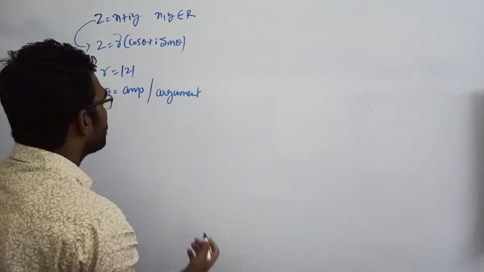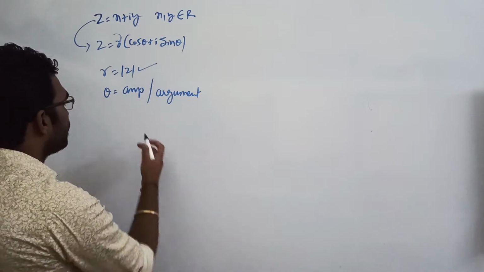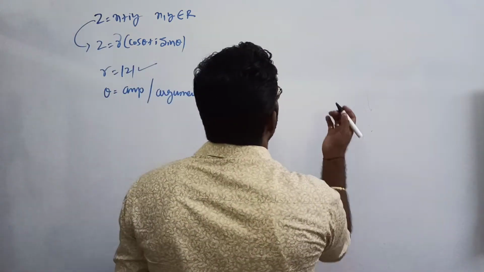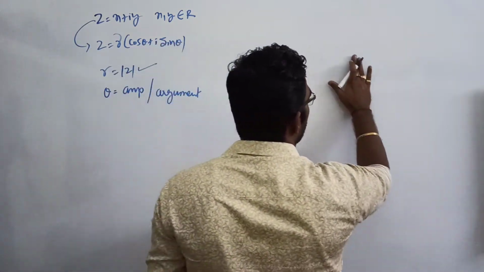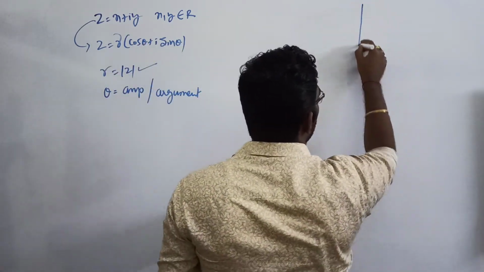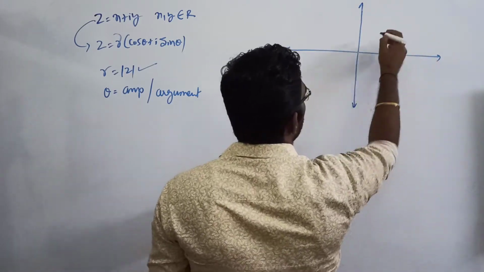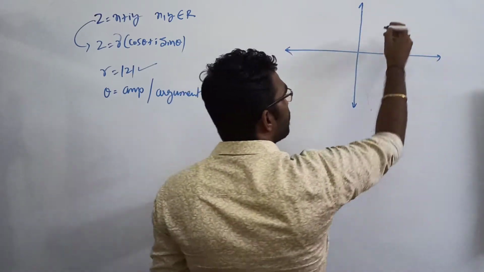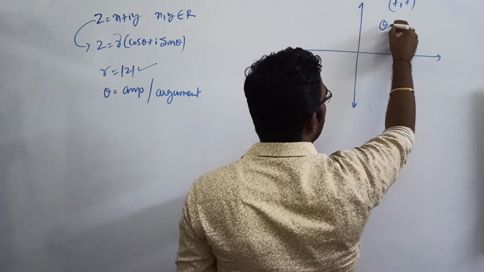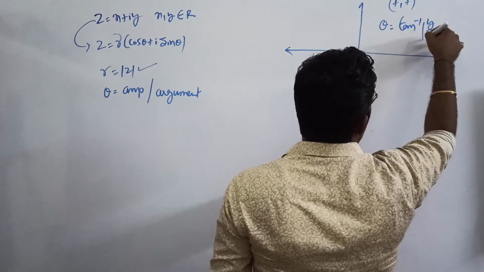In this class we are going to learn how to find this modulus r and how to find this amplitude theta. I'm going to give you a shortcut, a trick, to find theta. If you have this y-axis and this x-axis, then if the number is lying in the first quadrant, theta can be written as tan inverse of y divided by x.